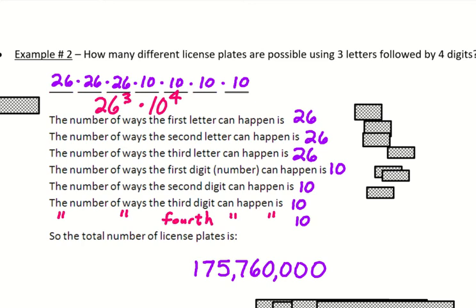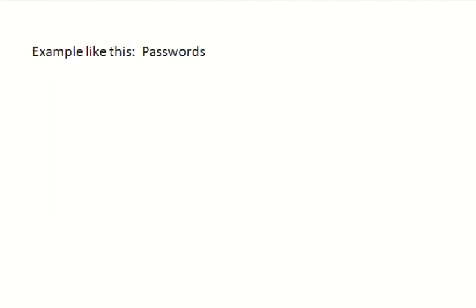Maybe one day the population will explode enough that they need to add more digits or letters or other kinds of weird stuff.